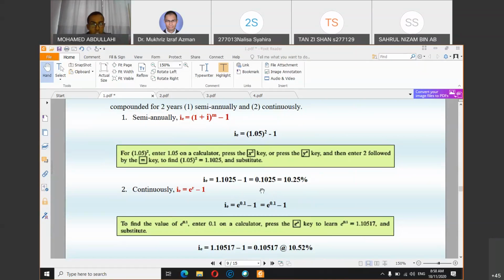This is more related to financial economics, where the application of interest rate on investment will be more relevant. You might see this kind of topic in your second year of study here in UM.